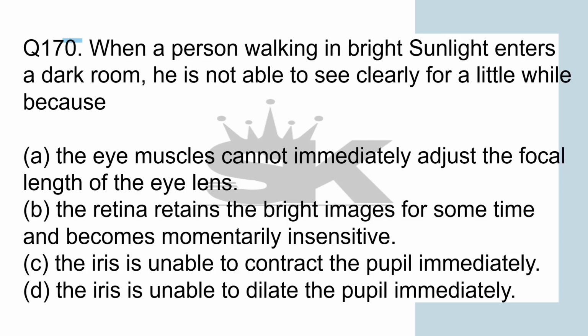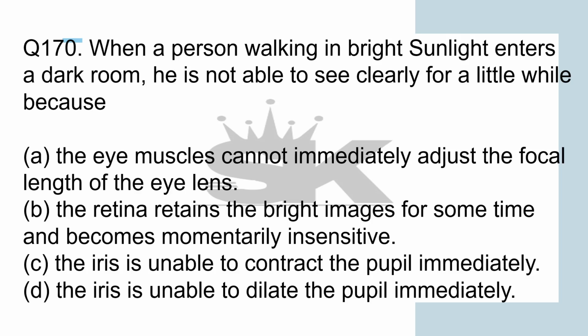When a person walking in bright sunlight enters a dark room, he is not able to see clearly for a little while because in bright sunlight the pupil of our eye is small. So when we enter the dim light room, very little light enters our eye and we are unable to see properly.